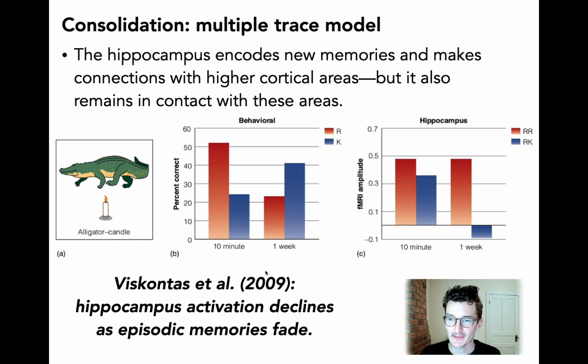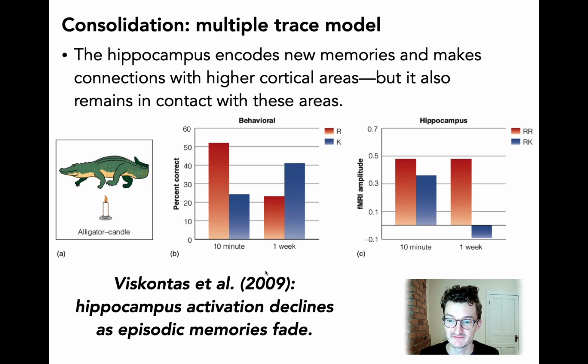And so what we think is happening is that as memories become less dependent on the hippocampus, they lose their episodic character. And I discussed this a little bit in the last lecture, right? As memories age, they become more fact-based and less episodic.